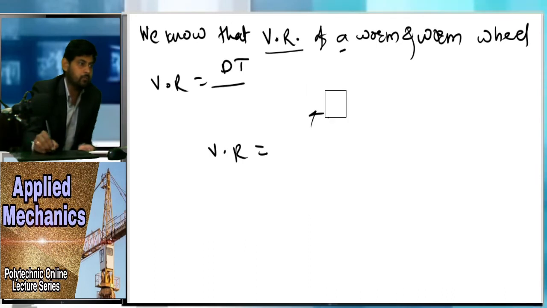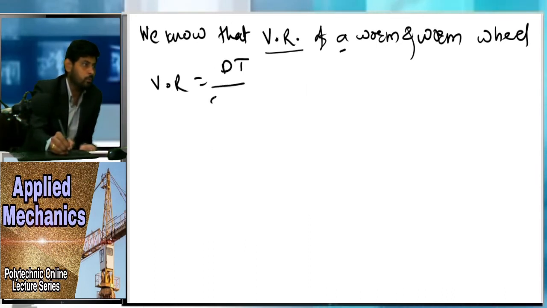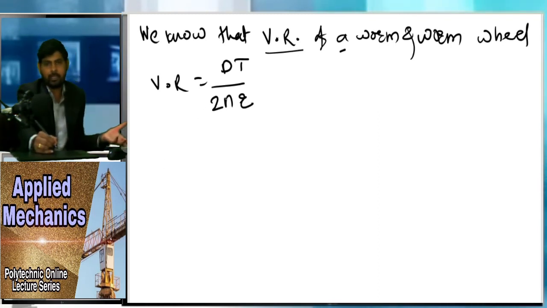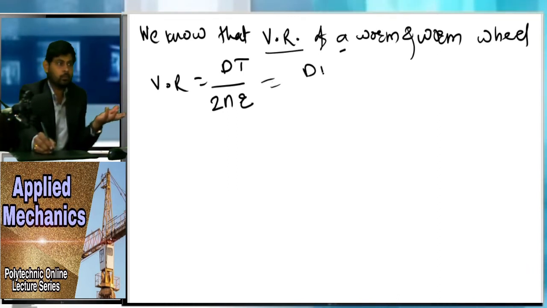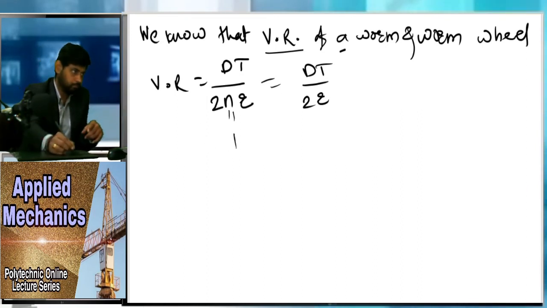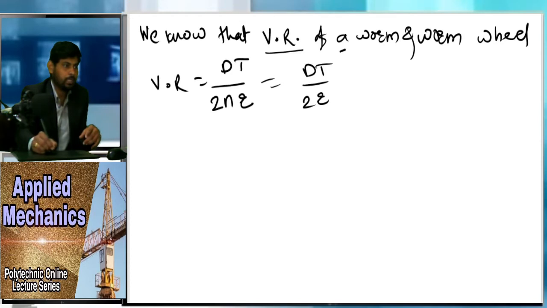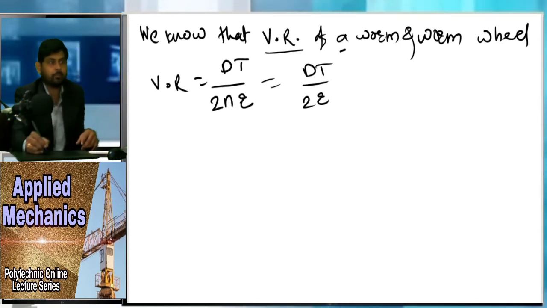If 4 threads are given, instead of n you take 4. If 3 threads are given, then the value of n is 3. If single is given, put 1 and you will get the similar formula. When they are not mentioning any thread, the value of n is 1. If the number of threads is mentioned, you have to take that number.